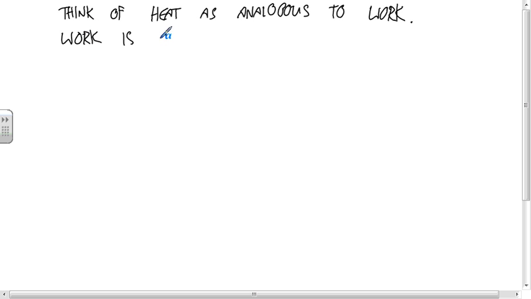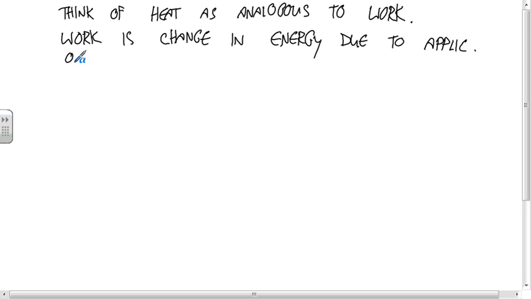Work is a change in energy due to the application of a force.